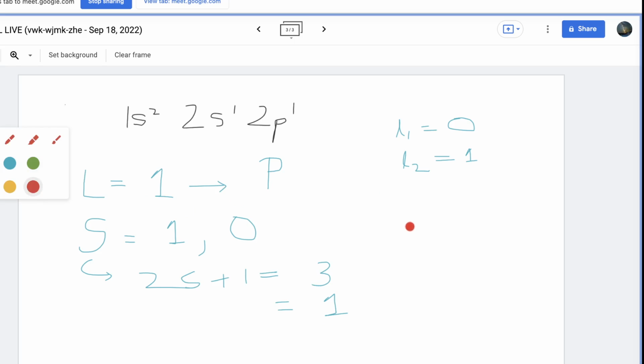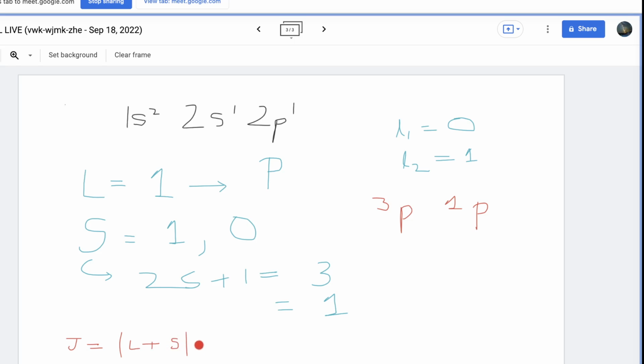Now I have two different multiplicities, one term as P, so I can write it as 3P, and I can write it as 1P, correct? And if I calculate the value J, what was the formula? L plus S. So this vector comes when there is a coupling between orbit and spin, correct?